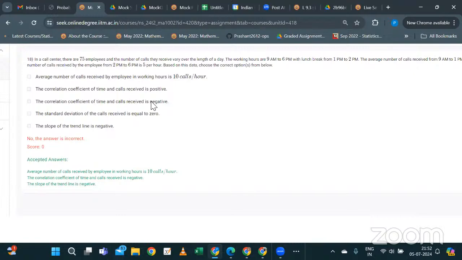Sir, here I have a doubt in the previous option. Can we say something like a graph is possible where in the first shift the calls were initially 13 per hour and till the end it reached 17 or something, and in the second it started with 3 and reached 7, then somehow we get the first shift average to be 15 and second 5.